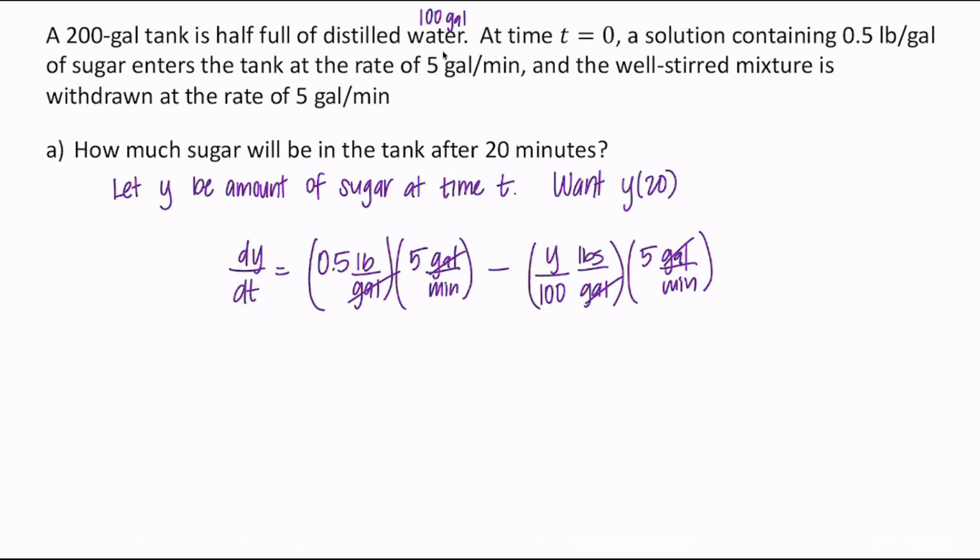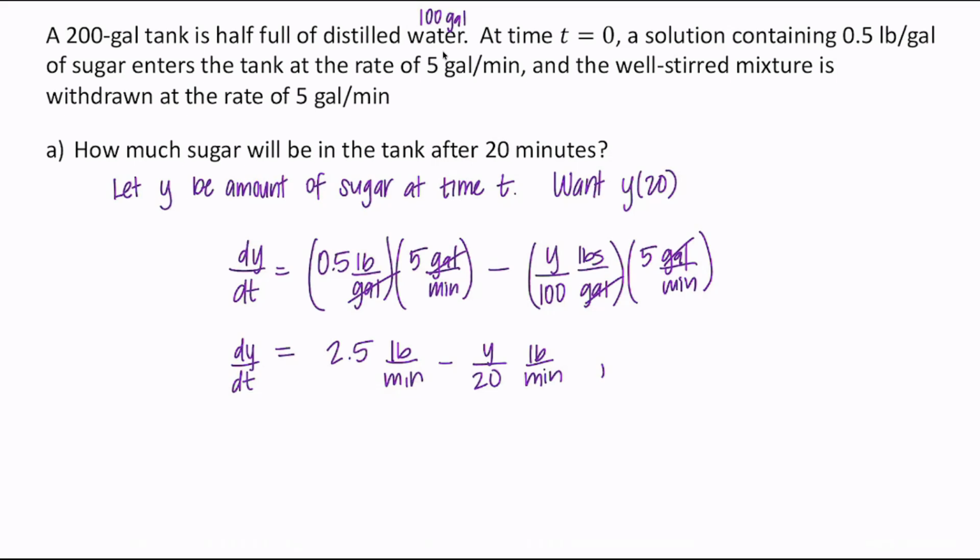And again, gallons cancels. So what we have here is 2.5 pounds per minute minus 5 over 100, that's Y over 20, and then again, pounds per minute. And so this is dy/dt, and we'll simplify it a bit and remove the units in a second.